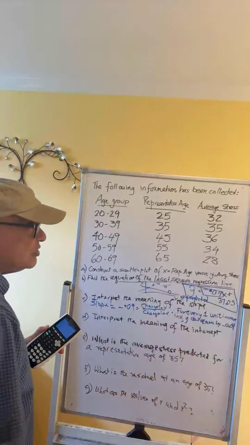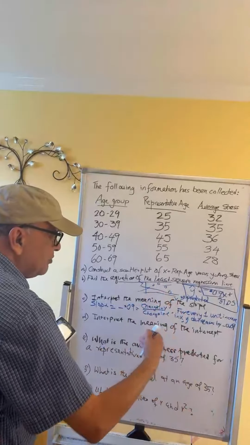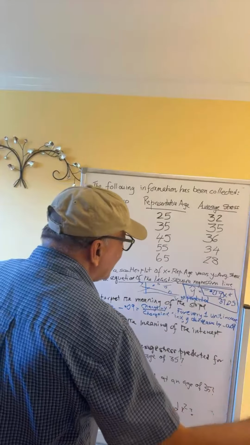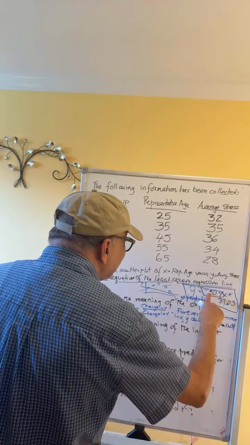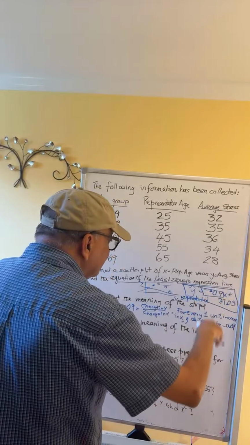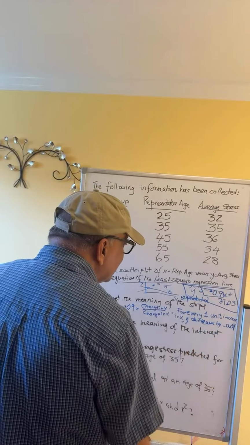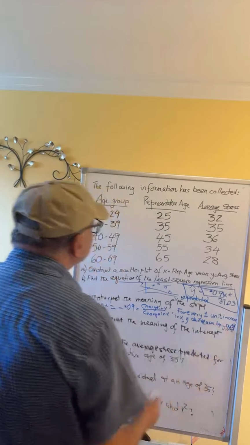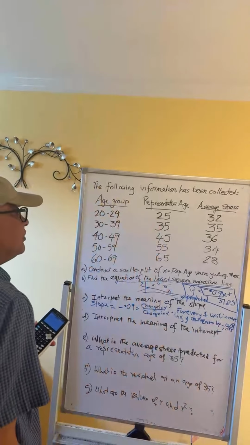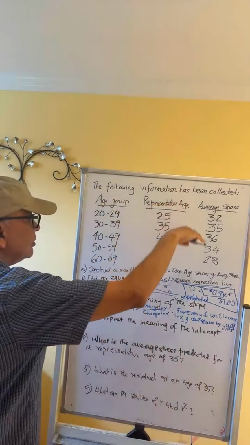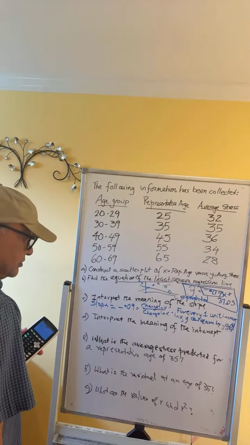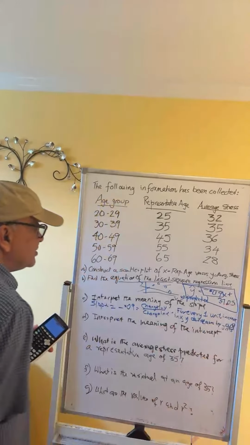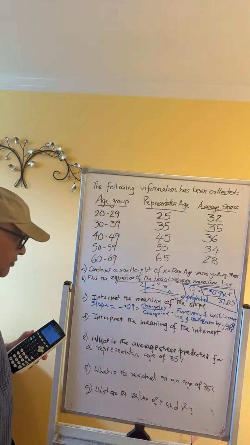What is the definition of slope? It is the change in y divided by change in x. So if you increase x by 1 unit, because you have negative slope, you are going down by that many units. It decreases by 0.09 units. Or in other words, if your representative age increases, your stress level is going down. I guess you're retiring, your job stress is going down, that's why it is going down.